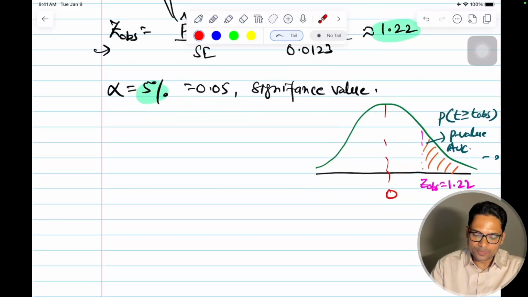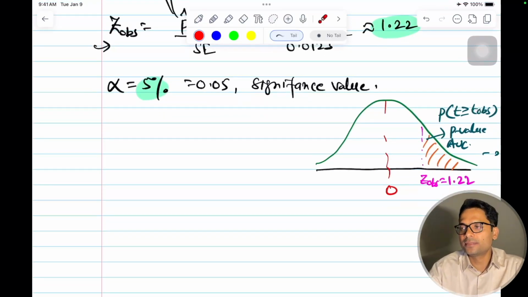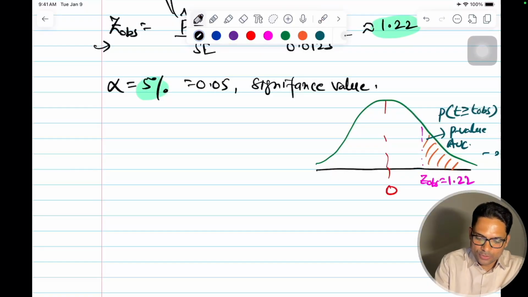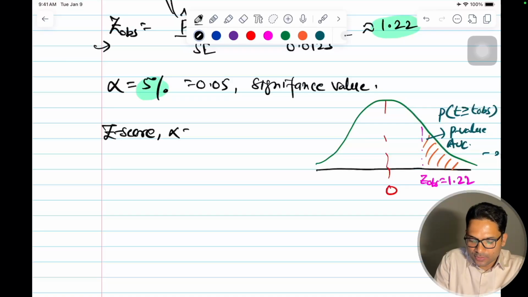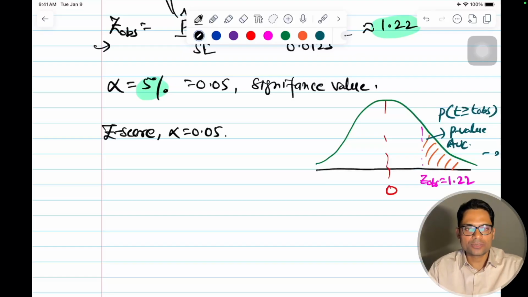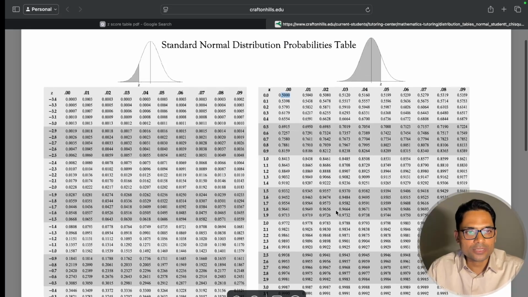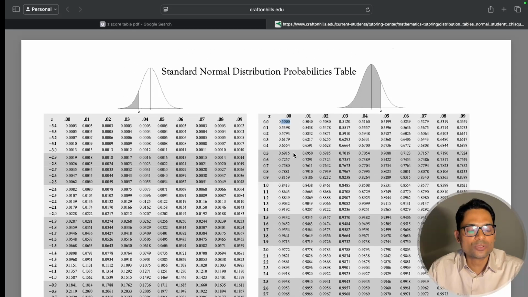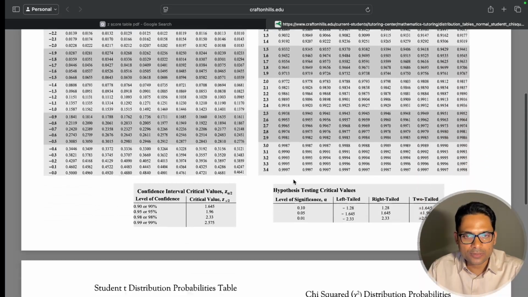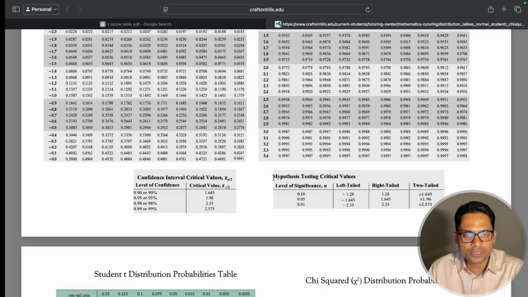So how do we find out? What will be the z score for alpha equal to 0.05, a 5% significance level, because this is normally distributed? Let's see online. This is a chart. You can just search for Z score table PDF and scroll through. Here in hypothesis testing critical values, 0.05 is the significance level.